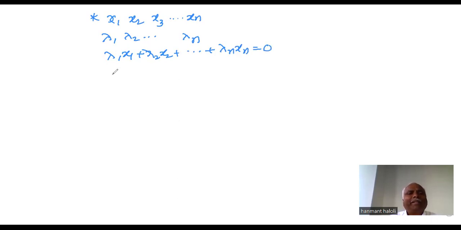By solving this, we get an equation like this: AX equal to 0 in matrix form. This is a homogeneous system of linear equations. When it is a homogeneous system of linear equations, we have to keep in mind the system is always consistent.